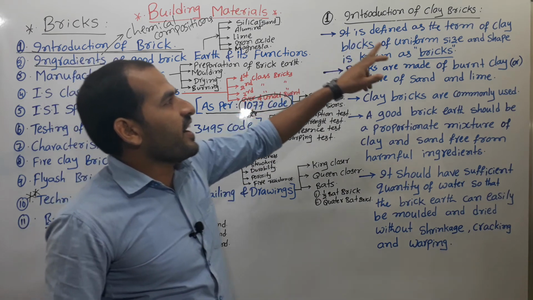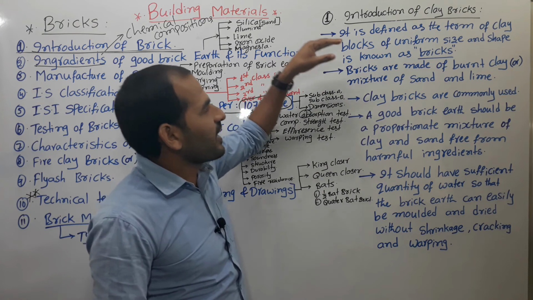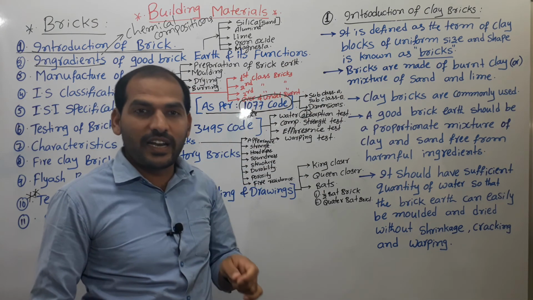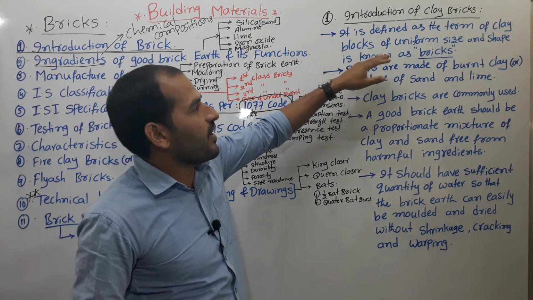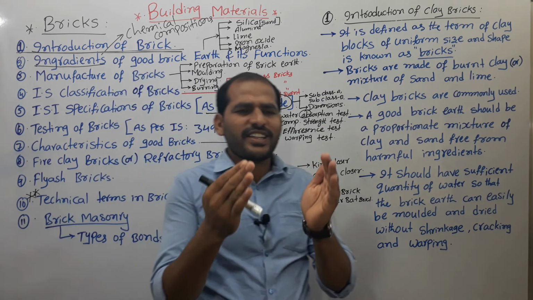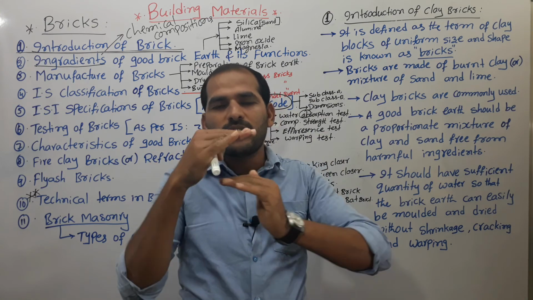It is defined in terms of clay blocks. Clay blocks of uniform size and shape, right? If you take the clay, this clay is converted into uniform size and shape.